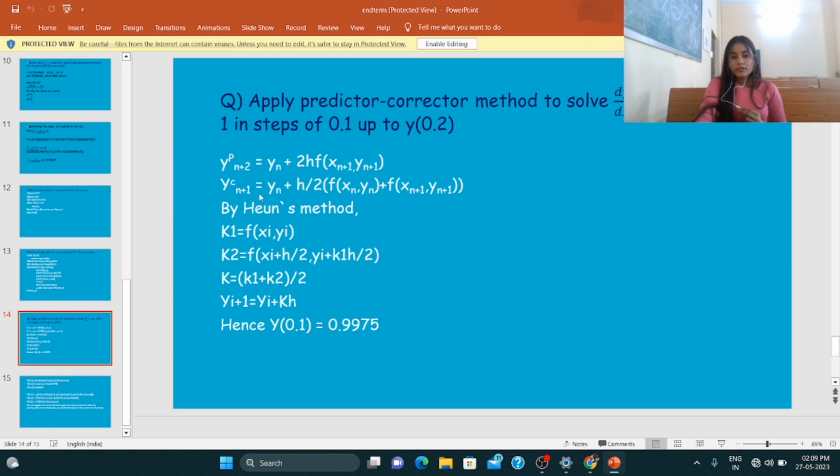For y n plus 1, we have y n plus h by 2 of f of x n comma y n plus f of x n plus 1 comma y n plus 1. By Euler's method, we have k1 equals to f of xi comma yi, k2 equals to f of xi plus h by 2 comma yi plus k1 h by 2, and k equals to k1 plus k2 whole upon 2. For y i plus 1, we have yi plus kh, and hence we get y of 0.1 as 0.9975.